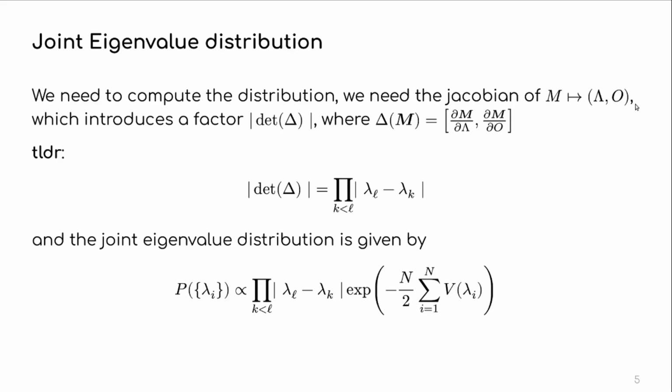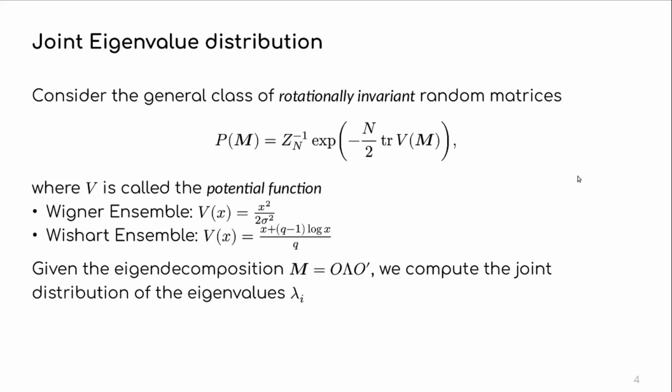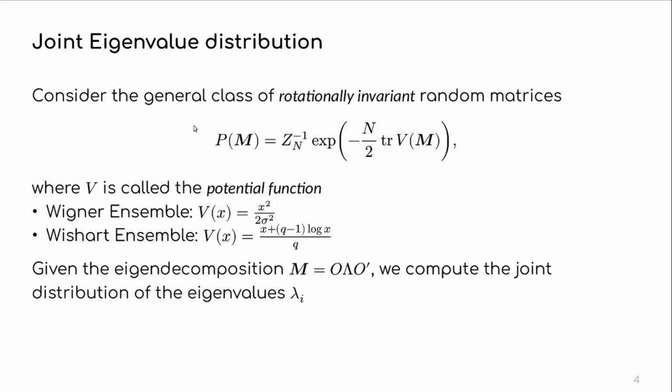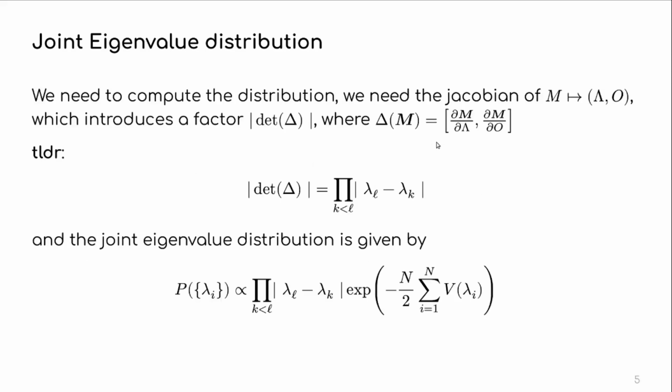But roughly, we have a probability for the entries of the matrix M. Because we know this probability, we can re-express it as a function of O and lambda.